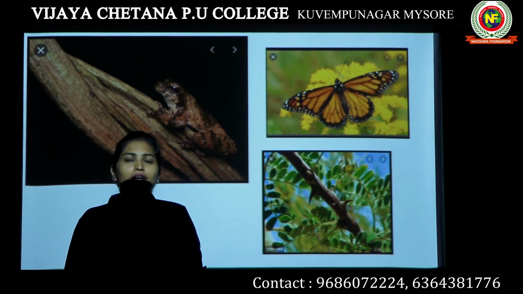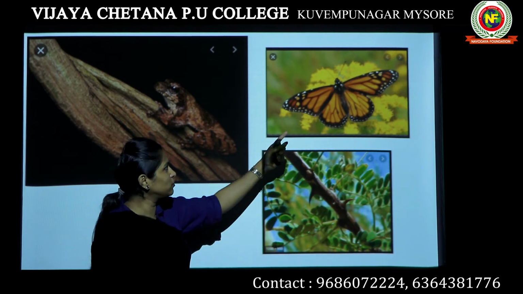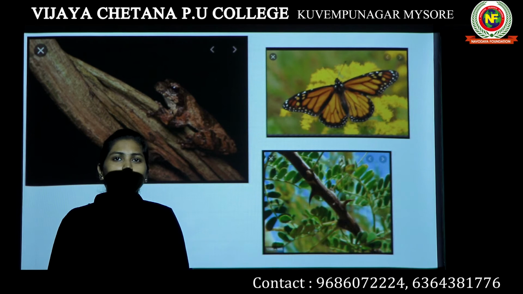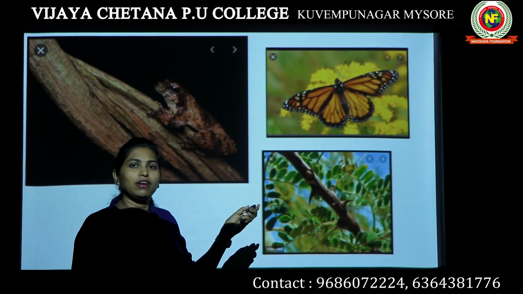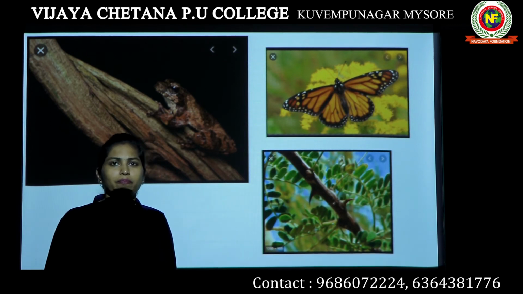This is a kind of mechanism, or a defense, that this butterfly has developed in order to avoid being eaten by the bird. It is a technique they developed, making their body very distasteful.